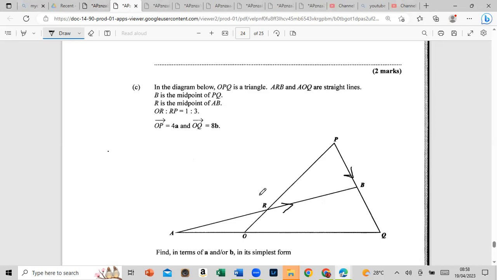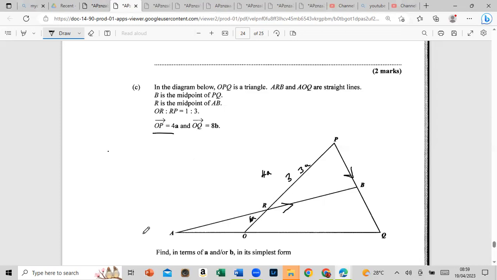OR, so from O to R, is in the ratio 1 to 3. And they went on and said OP is equal to 4A. So all of this is 4A. But remember, it's in the ratio 3 to 1. So that makes this 3A and this part A. So that's the first thing.